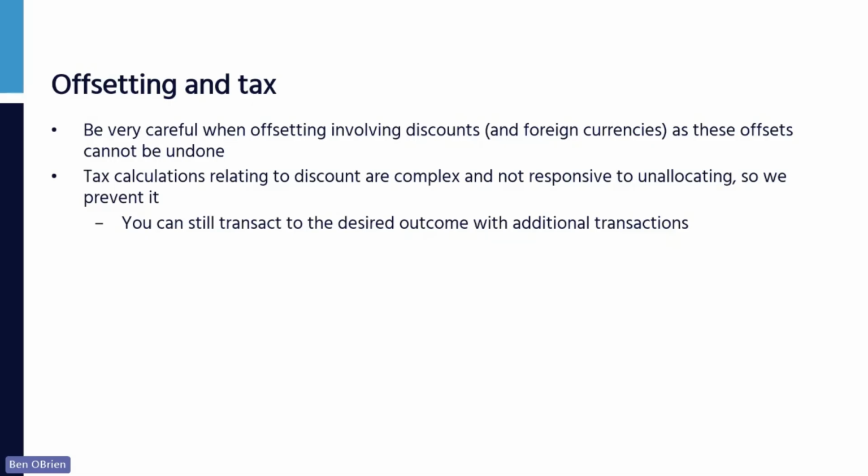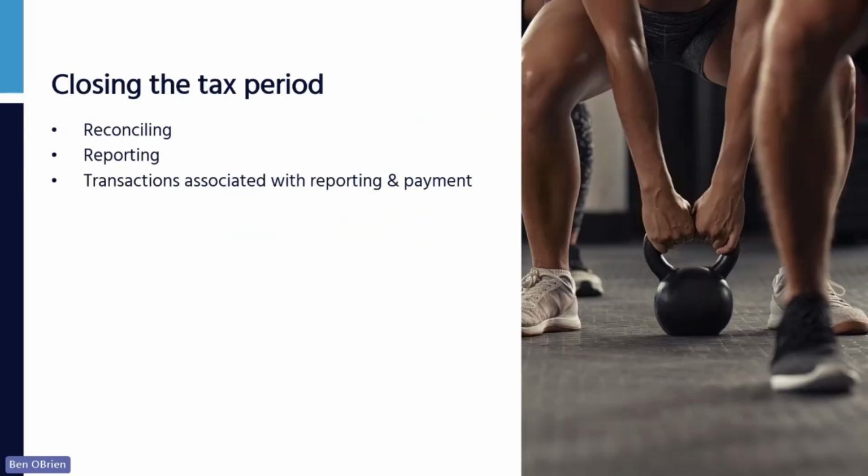So the system prevents those particular offsets from being unallocated. You can still, with additional transactions, get everything back to where you wanted it to go, but that won't be through unallocating. You can still get to the outcome that you desire, but it just needs transactions to get you there.